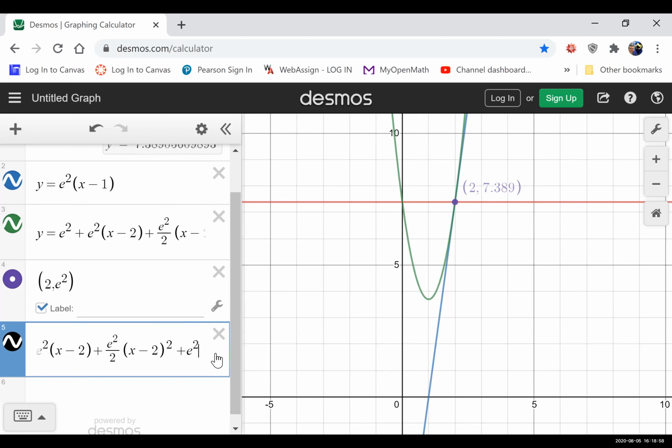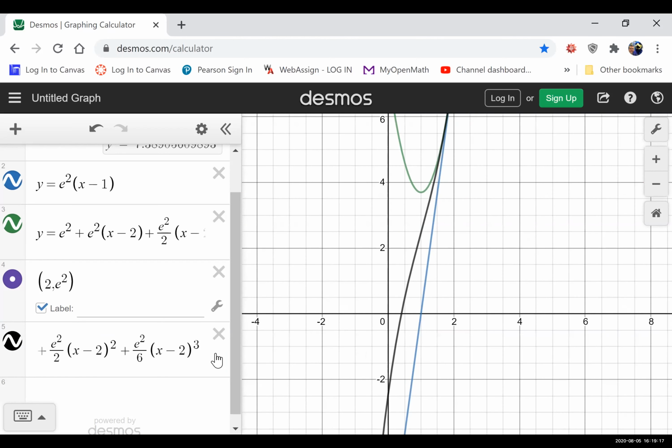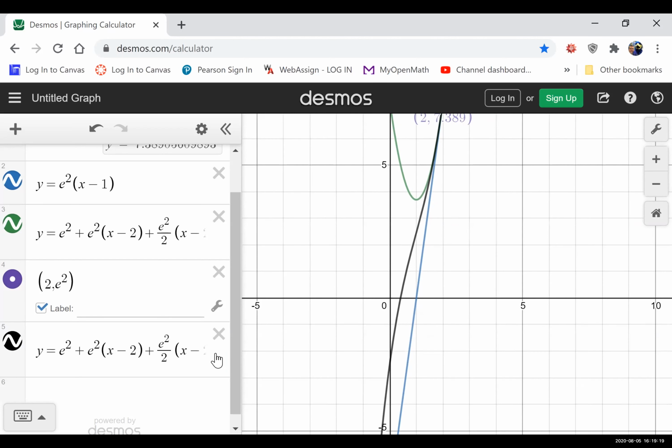Oops, wrong slash, over 6. And then it's x minus 2 cubed. Look at that, it's a serpentine. It kind of goes like so.